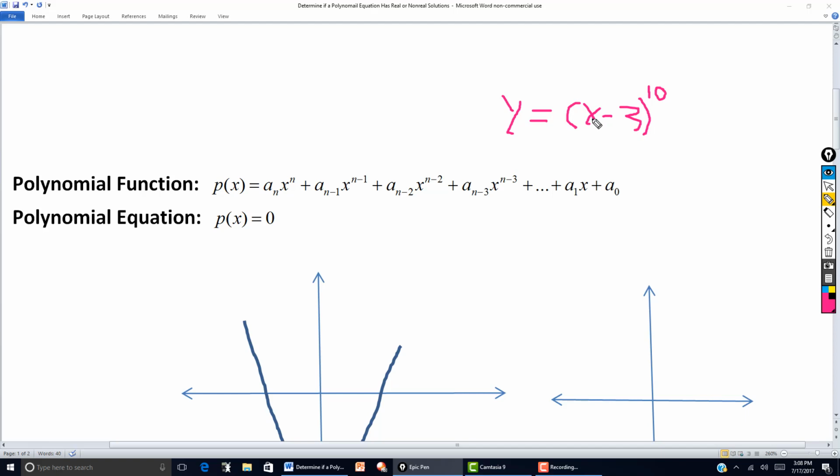So this would be a 10th degree polynomial, so I would expect to have at most 10 distinct zeros. Well, in this case, I have 1 zero, which is 3, but it's repeated 10 times, so we say 3 would be a zero of multiplicity 10.